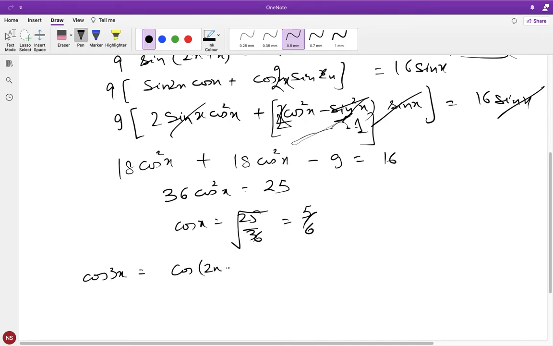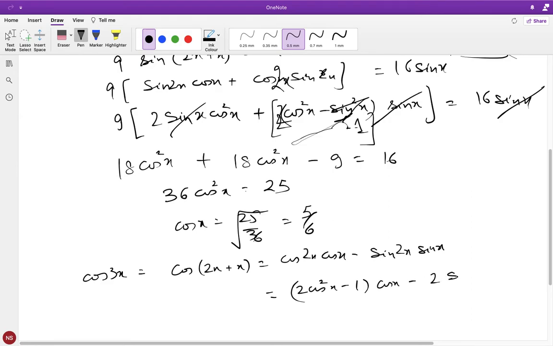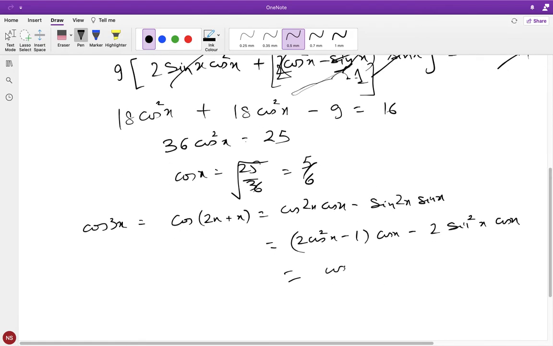Cos 3x is cos of 2x plus x, which is cos a cos b minus sin a sin b, equal to 2 cos square x minus 1 into cos x minus 2 sin square x cos x. Take cos x common.